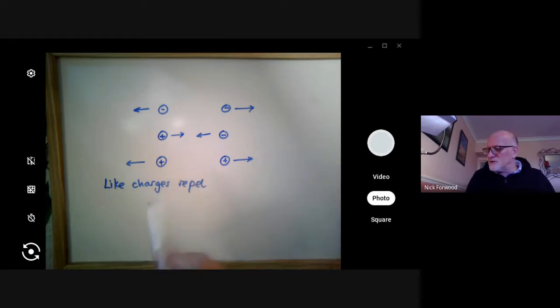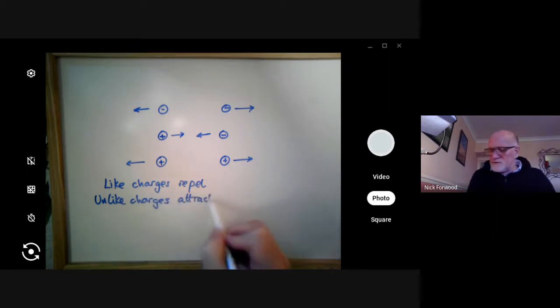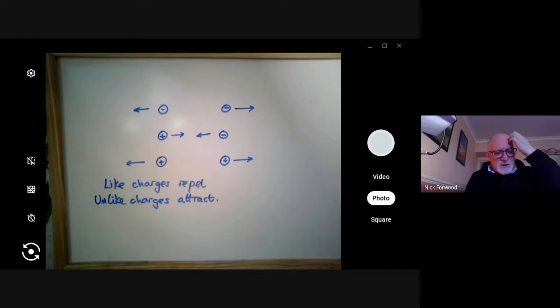A like charge, this charge is just like this one, and two like charges will repel each other. And the opposite phrase is unlike charges attract. So that's one thing we need to know.